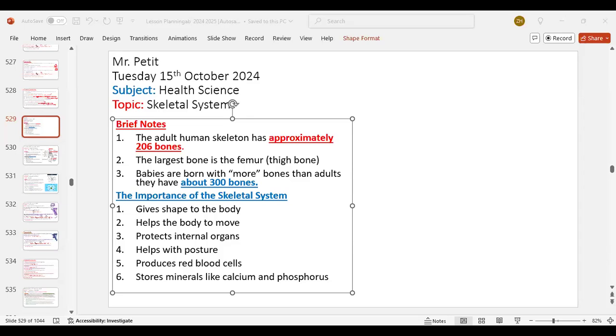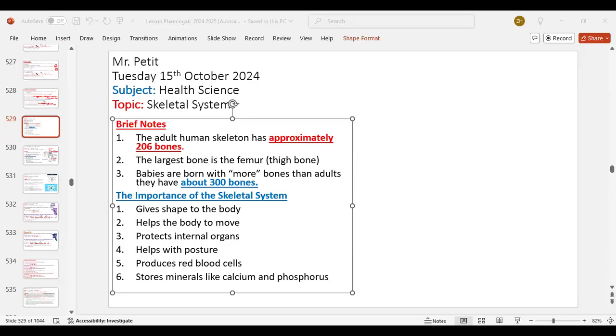Yes, sir. The adult human skeleton has approximately 206 bones. The largest bone is the femur, the thigh bone. Babies are born with more bones than adults. They have about 300 bones.